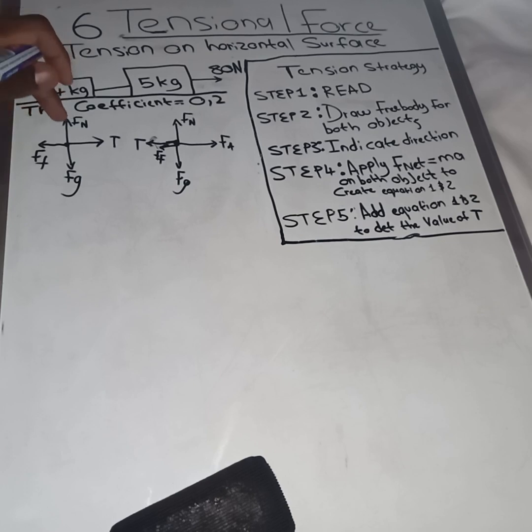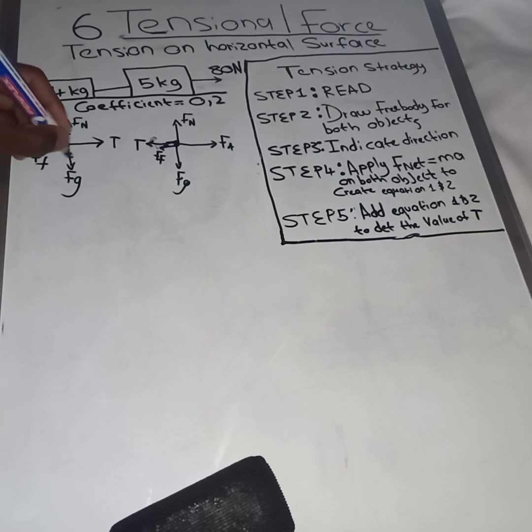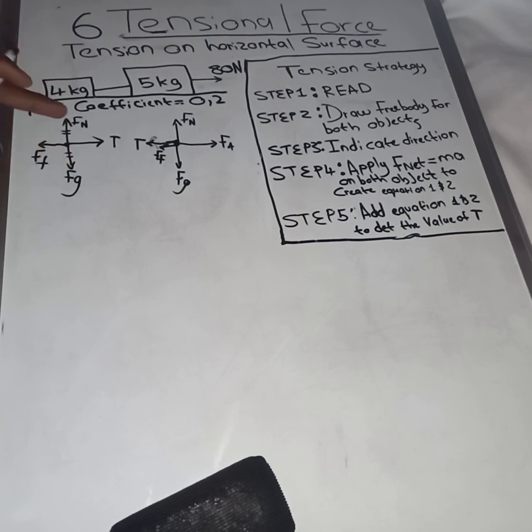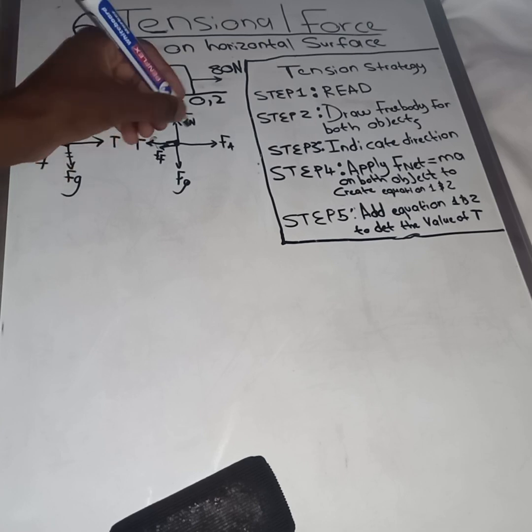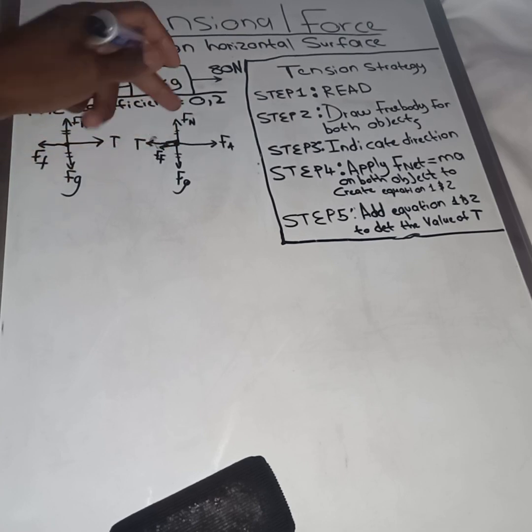So we are not going to include vertical forces. The reason being is because the normal force and Fg are equal but in opposite directions, so they cancel each other. Now the F net for these two forces equals 0.